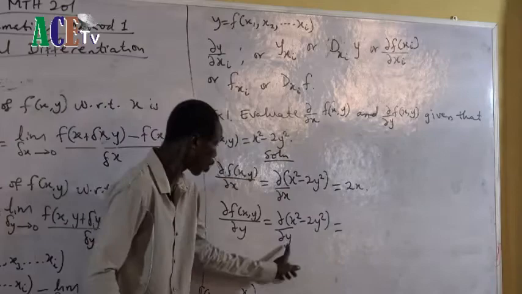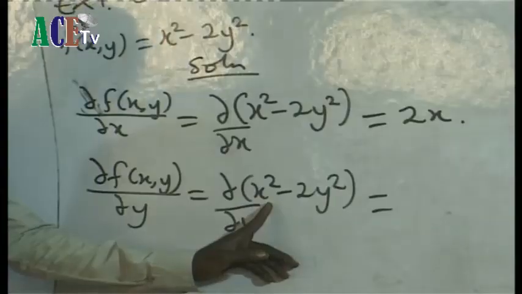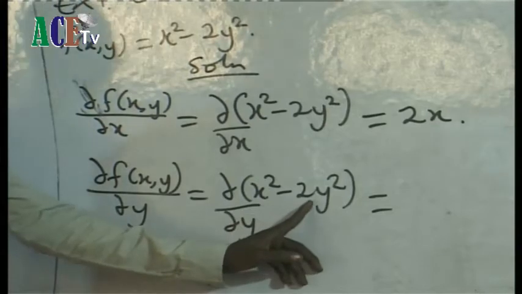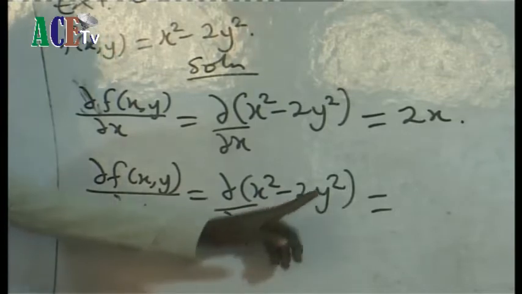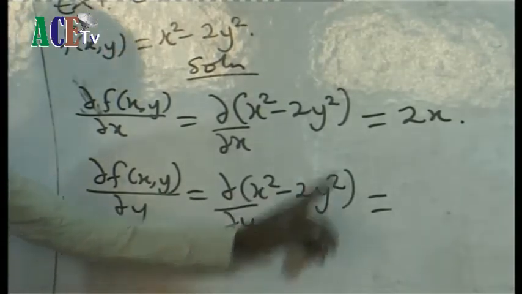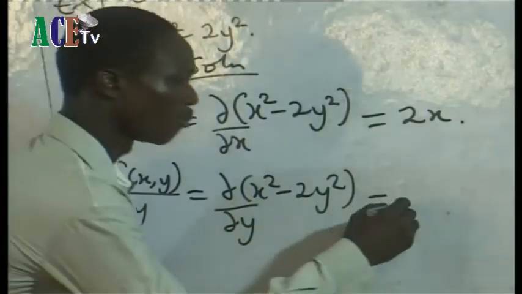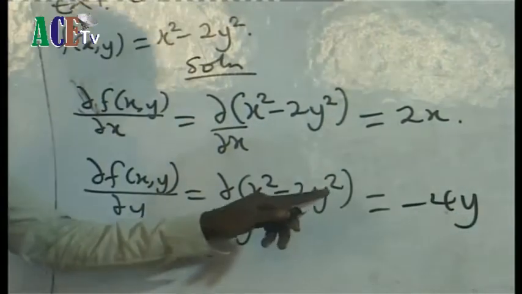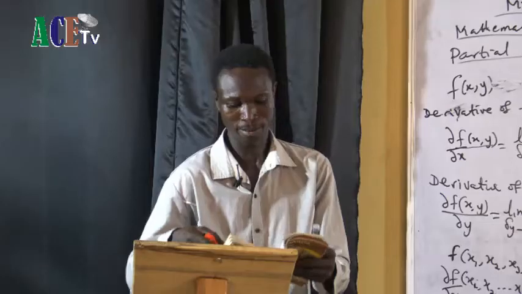It's a constant because there is no y. So here I only consider the term that has y as variable. This one is constant. Then differentiate minus 2y squared. 2 times minus 2 will give me minus 4y. Then if I remove 1, it will give me that. And that is the solution to that problem.